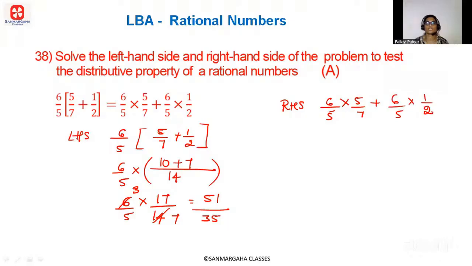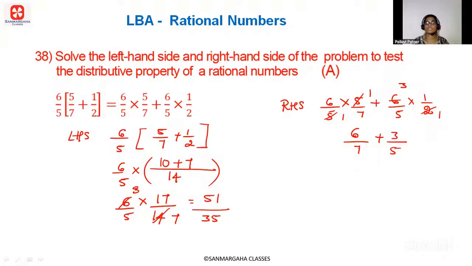So here we multiply numerator with numerator, and denominator with denominator. Here 5 is in the numerator and in the denominator, so 5 ones. So here 6 by 7 plus 2 ones, 2 3s are 6. So here 3 by 5.